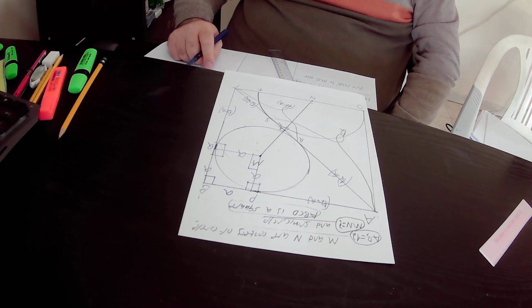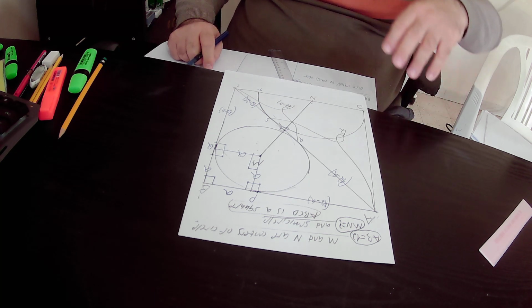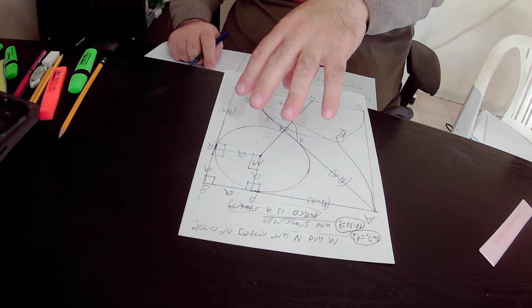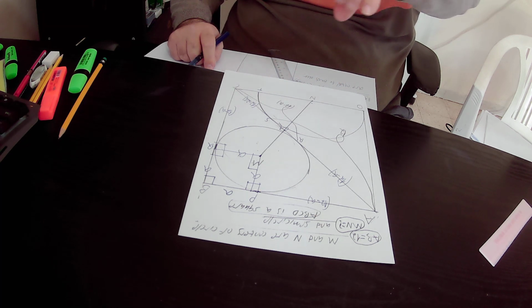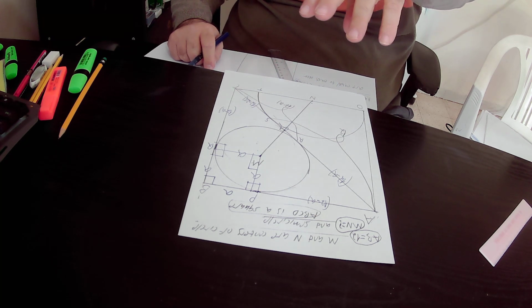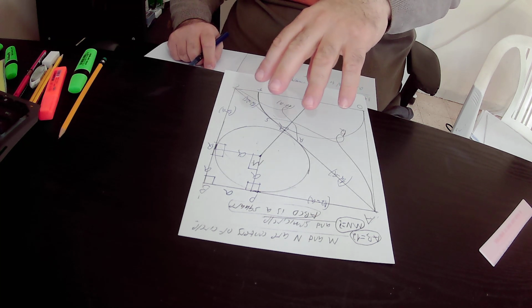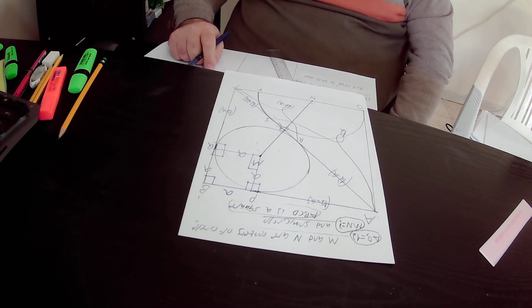In the next step, we will focus on the right triangle ABC, and we will implement the Pythagoras theorem on the right triangle ABC.